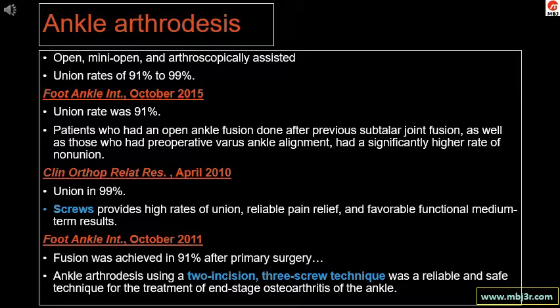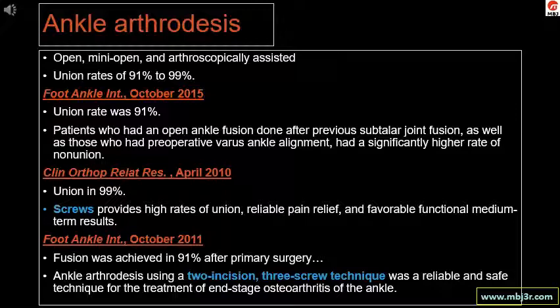Ankle arthrodesis. Ankle arthrodesis has been performed through open, mini-open, and arthroscopically assisted approaches with favorable union rates of 91% to 99%. The overall union rate was 91% in the cohort of uncomplicated open ankle fusions. Open ankle fusions failed in 9% of uncomplicated ankles with arthritis.